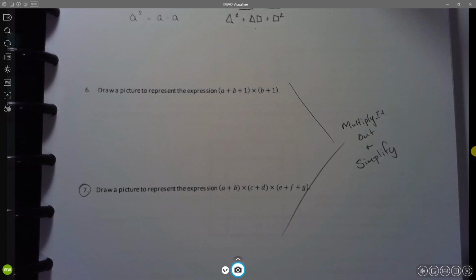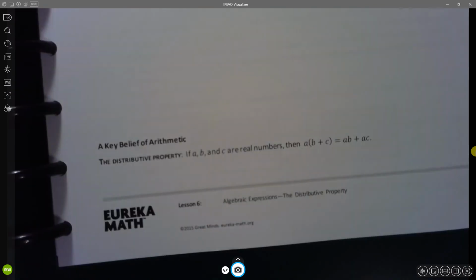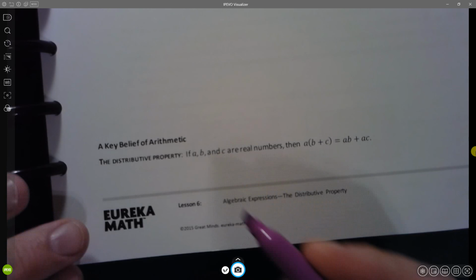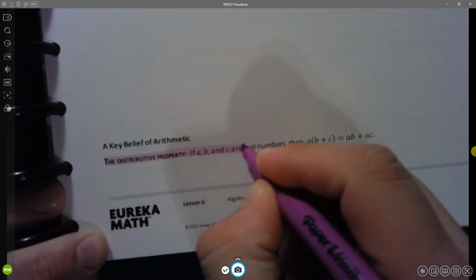Now, one last thing I want you to take a look at before we move on. See this last statement down here at the bottom? A key belief of arithmetic. The distributive property: if a, b, and c are real numbers, then a times (b plus c) equals a times b plus a times c, okay?